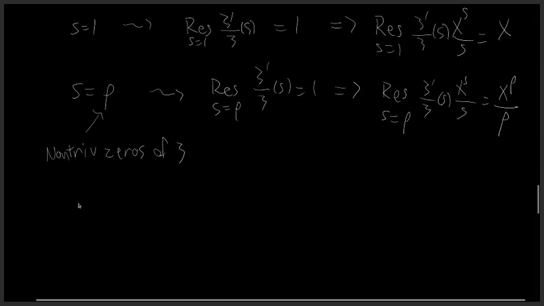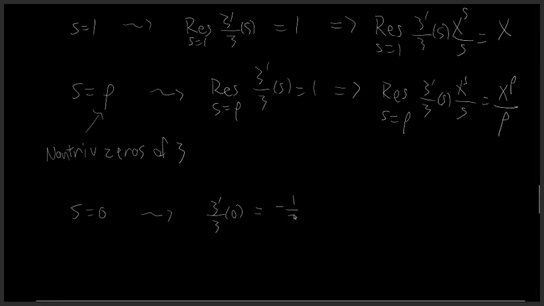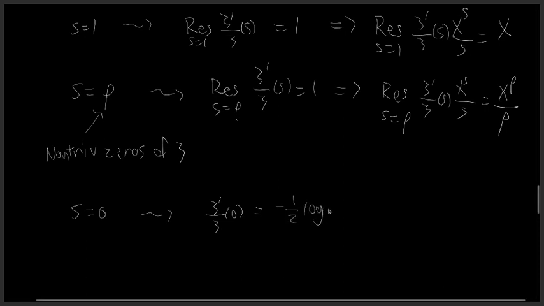Next we have our pole at s equals 0. And here what we found was that zeta prime over zeta at 0 was minus 1/2 log of 2 pi. And that implies that the residue at s equals 0 of zeta prime over zeta of s, x to the s over s, is equal to, well, exactly that quantity, right?